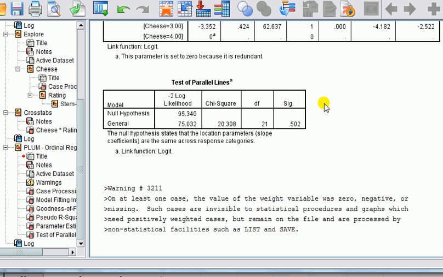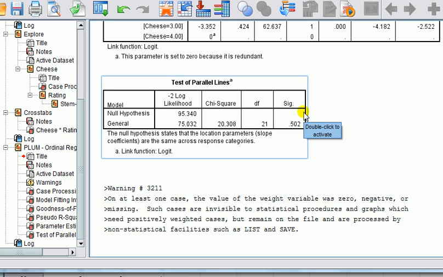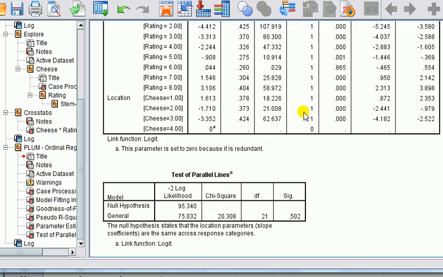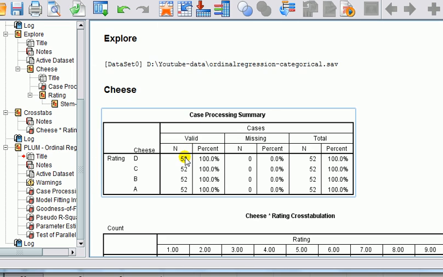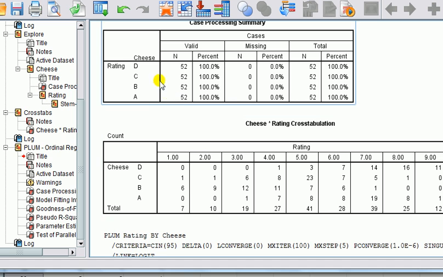What you can do with R is forget that it's ordinal and revert to a multinomial model, or run pairwise binary logistic regressions comparing these cheeses one to the other, like D to C, D to B, D to A, and so on. Or you could even pretend our ordinal variable is actually continuous and see where you go.